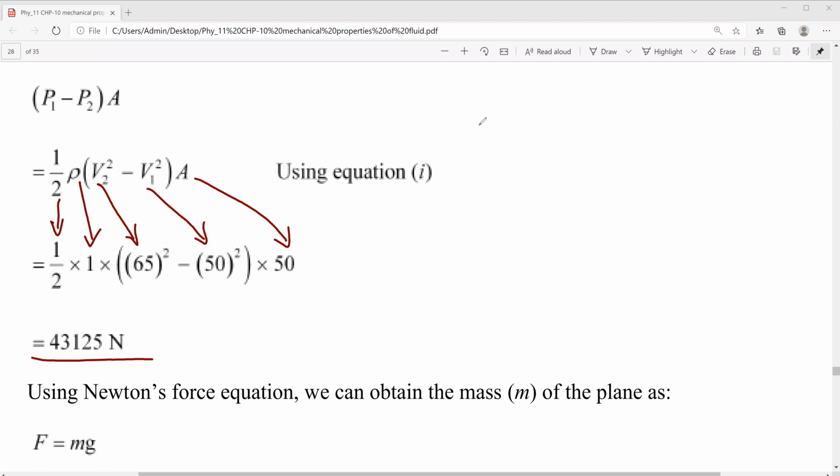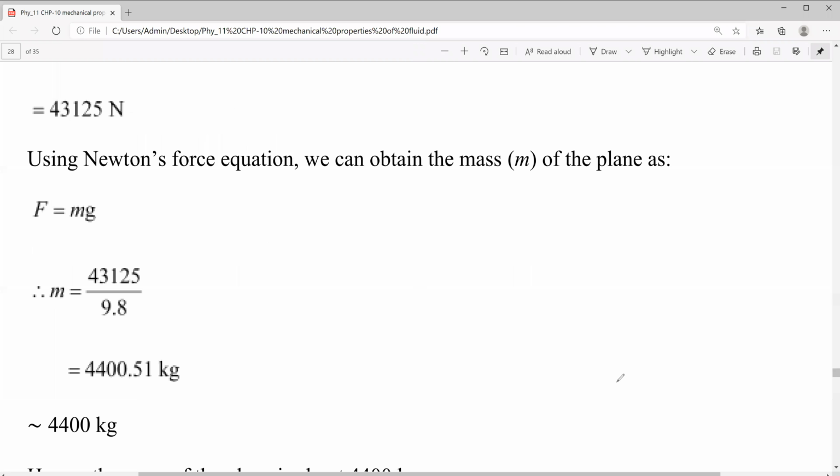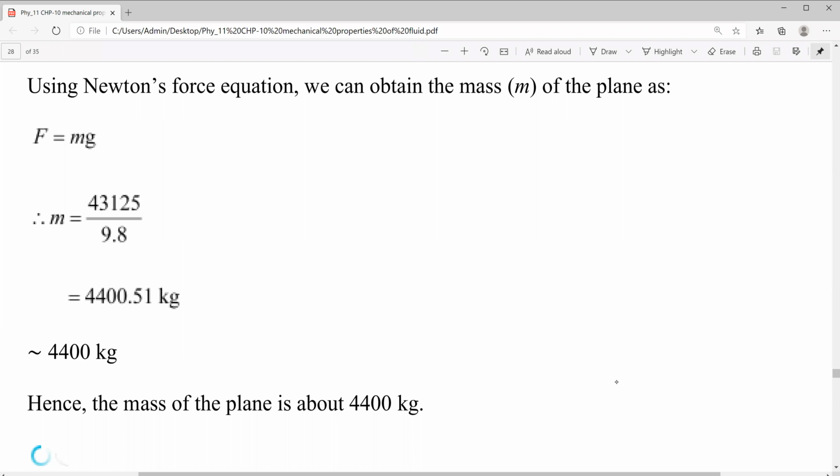According to Newton's formula, force is equal to mass into acceleration due to gravity. So by using that, force is calculated here. Next, the mass we got is 4,400 kg.